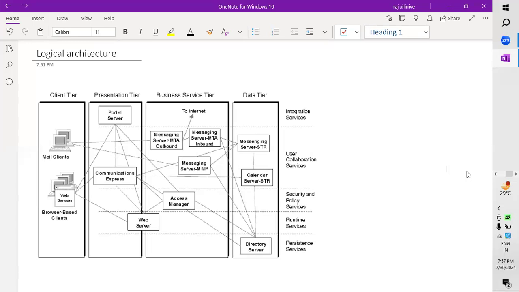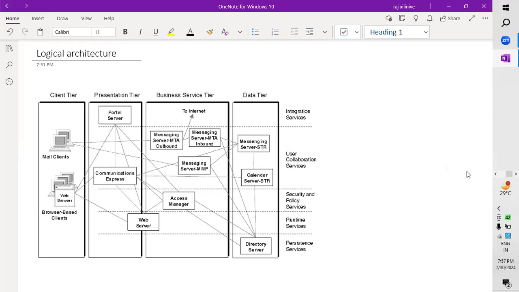At the same time, the single sign-on authentication and authorization for the portal servers, followed by the web-based components in the presentation tier, must be ensured with some messaging server components, including the message storing we have.